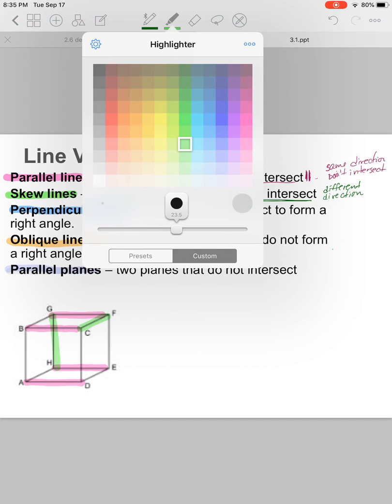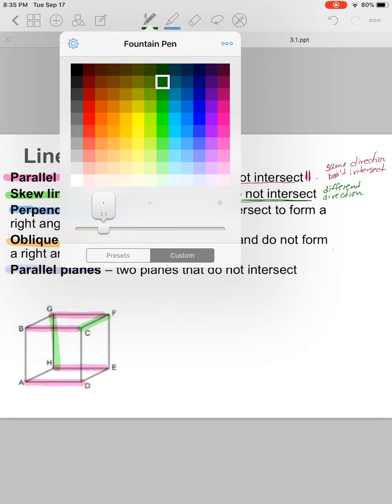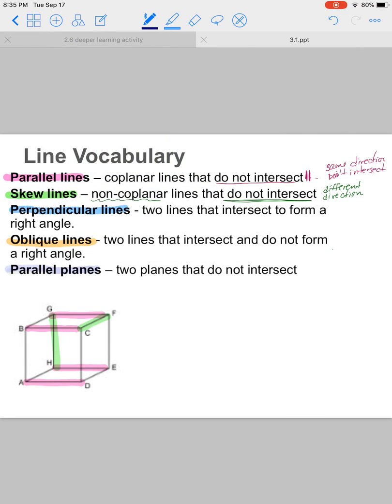Our third type of line is perpendicular. We talked about this in Chapter 2. Remember that the symbol for perpendicular looks like an upside down capital T. These lines actually intersect in a very special way.